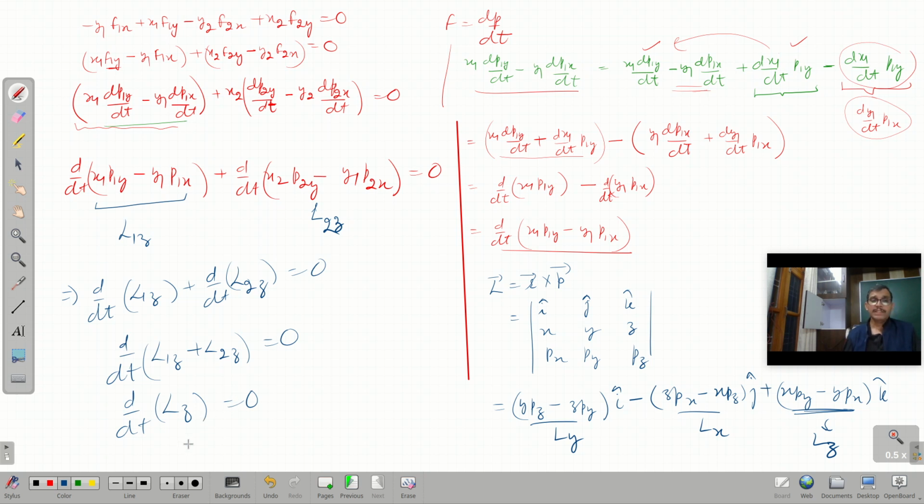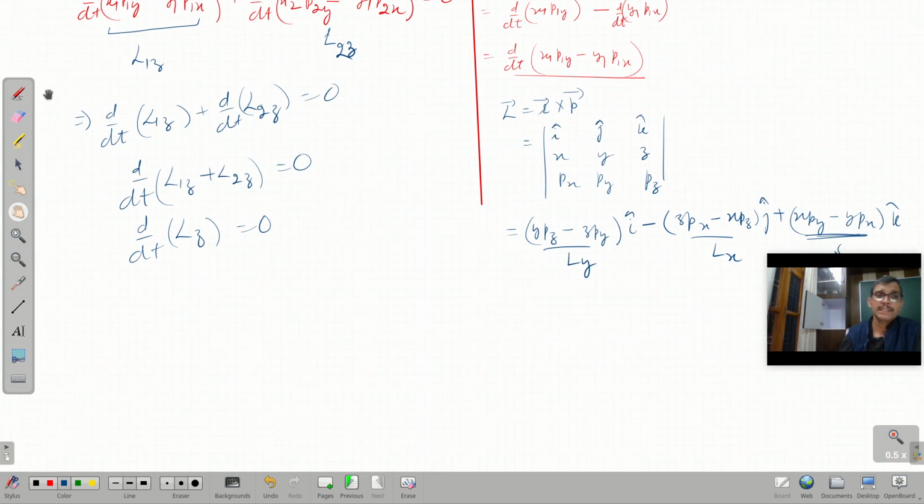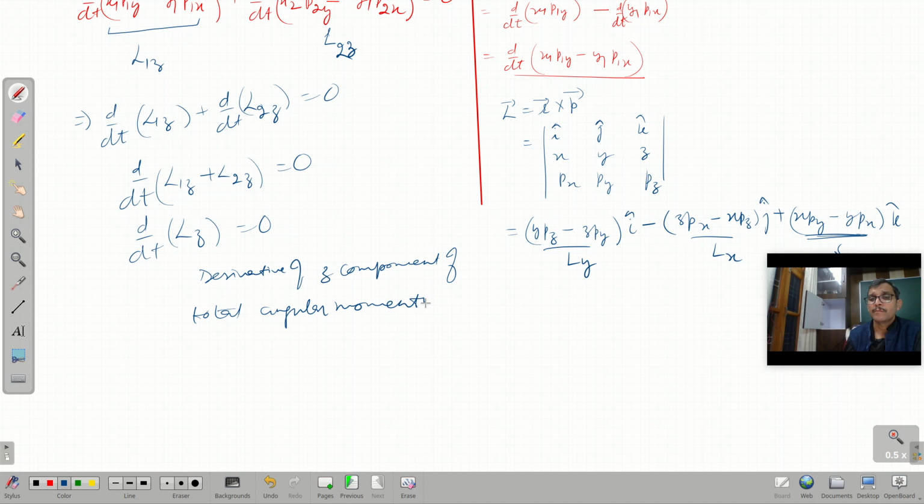So what does it mean? If the derivative of the z component of total angular momentum, that is Lz, is equal to 0, this implies that this quantity will be constant. Then and only then the derivative will be 0.